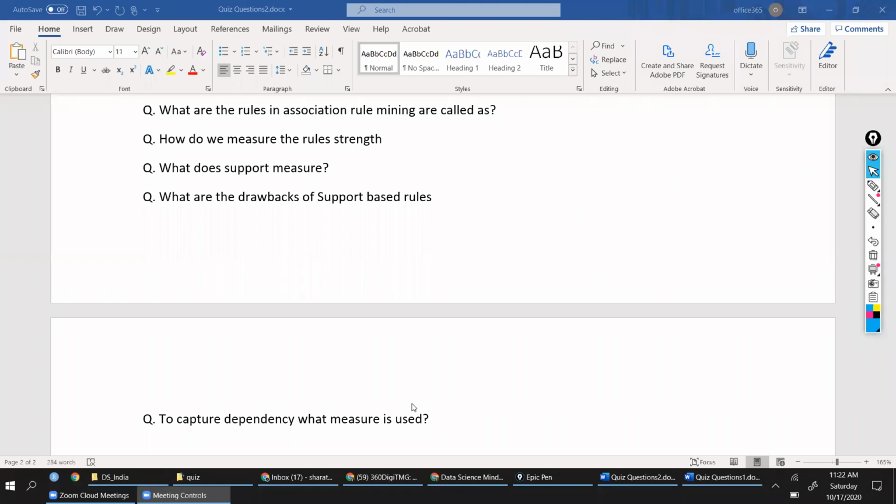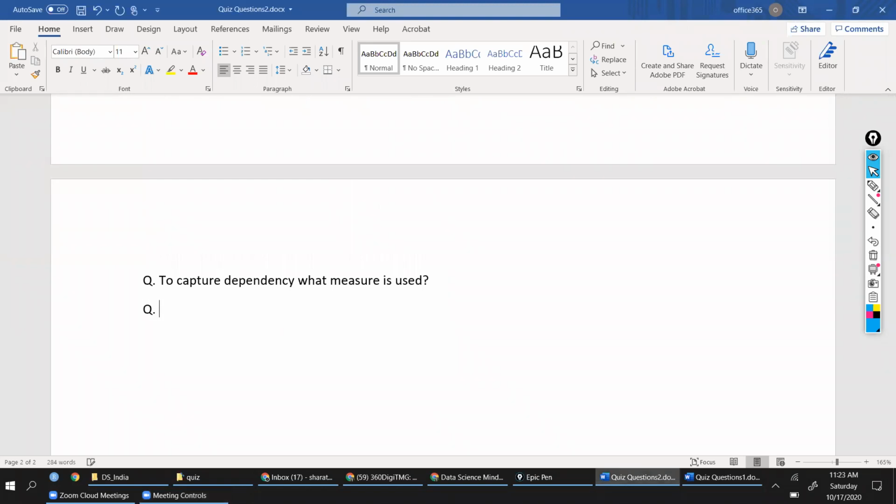Conditional probability. Very good. It is based on conditional probability. What is the drawback of confidence?